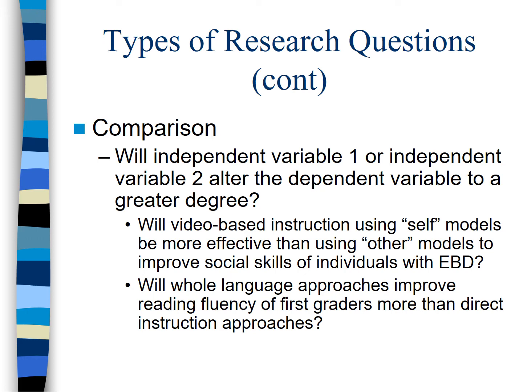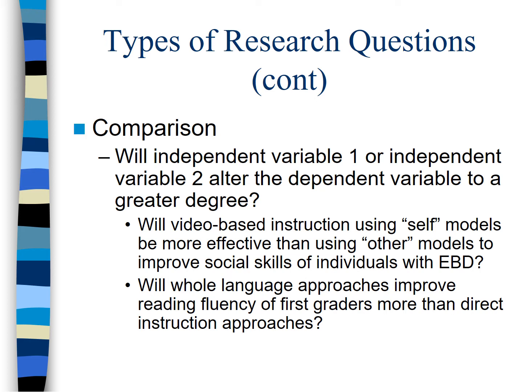So in that case, we might have the same dependent variable. Actually, you always do. You have to have the same dependent variable, and you're looking with your research question at, does one intervention cause more of a change in this dependent variable than the other? Or another would be, will whole language approaches improve reading fluency of first graders more than direct instruction?